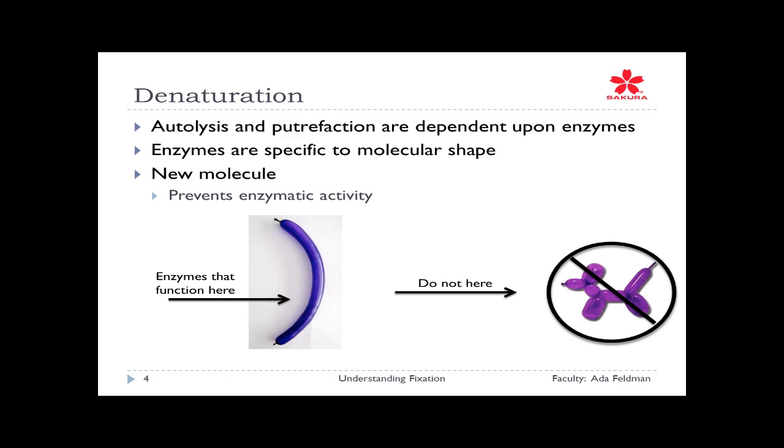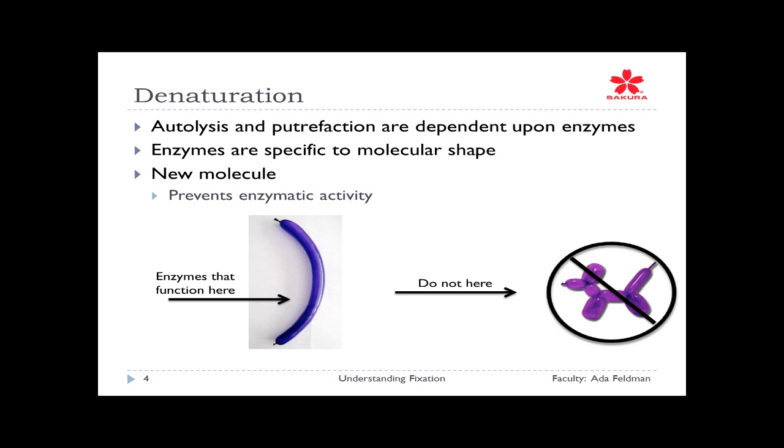As you're seeing in the graphics, the bacterial enzymes and the enzymes of our body that normally would work on a natural-shaped protein, the natural-shaped balloon, cannot work on the dog balloon, which is the fixed specimen. So that is why we want to change the three-dimensional shape, to prevent autolysis and putrefaction. That is what's so very important.